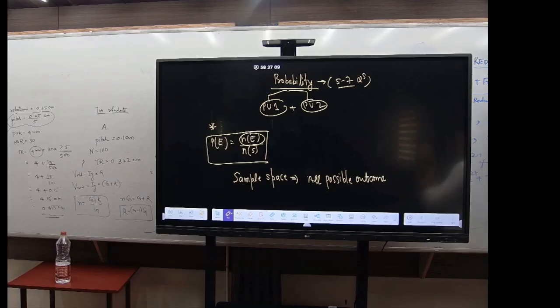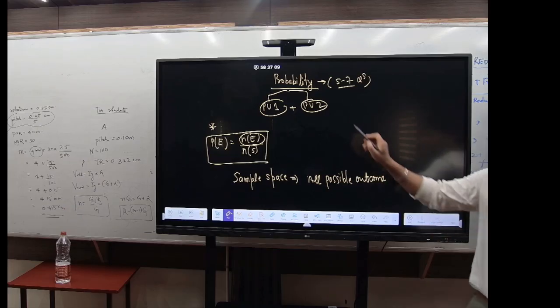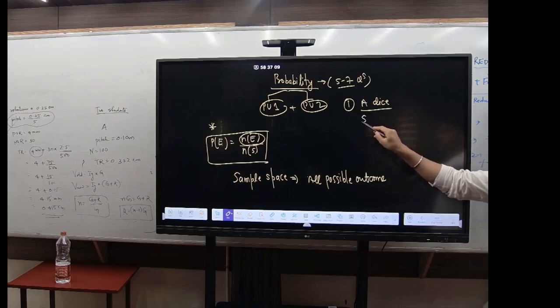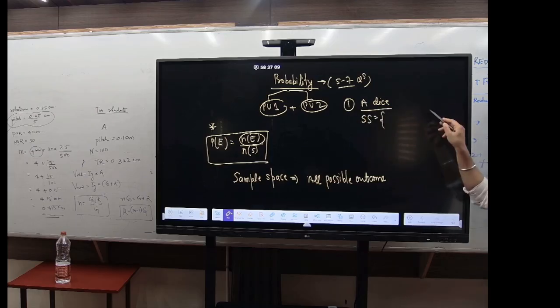And we do experiments in probability. What we generally do, we are doing some random experiment. So if I am rolling a dice, what is the sample space? If you roll a dice, what output can you expect?